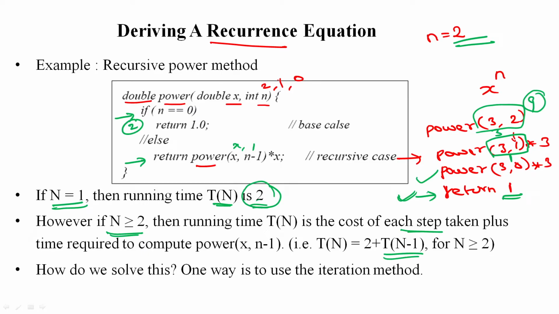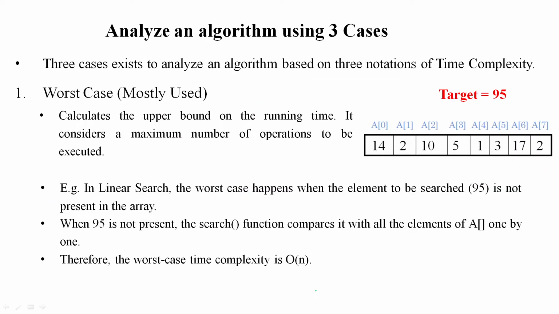Here finally we have to perform this again and again for all the n values, reducing one by one. So it can be done by using the iteration method. Otherwise, one more method, the recurrence relation method using the master theorem, can be used for calculating the time complexity for recurrence relations.